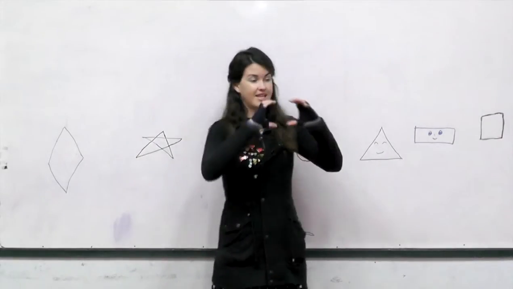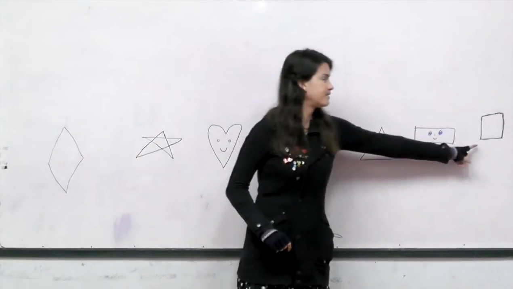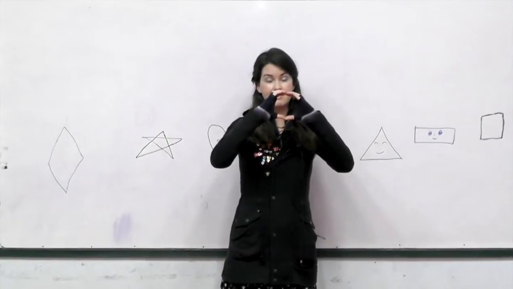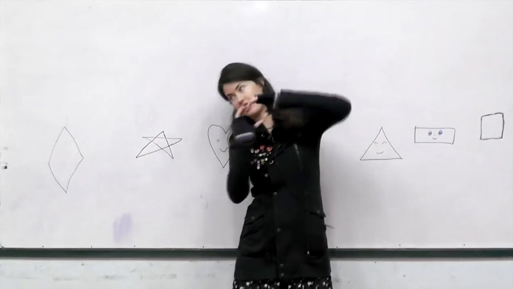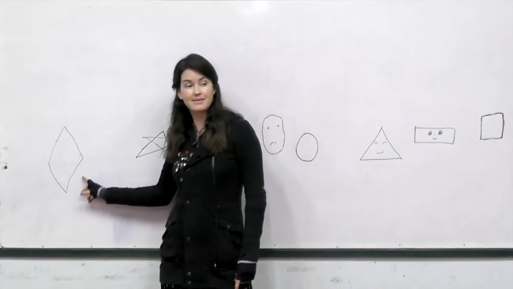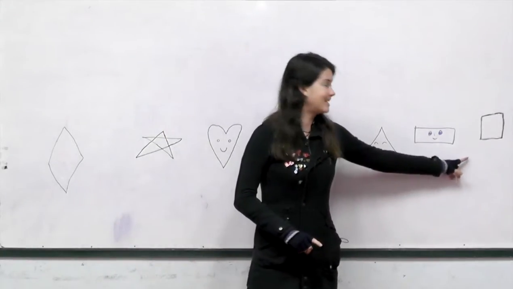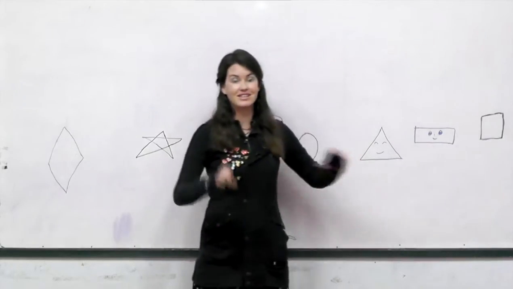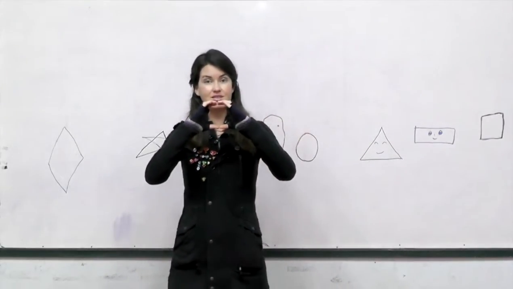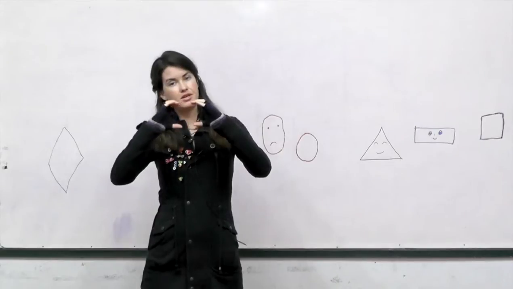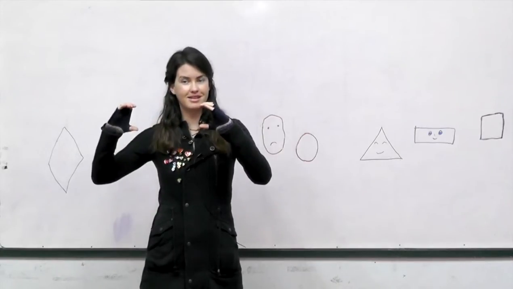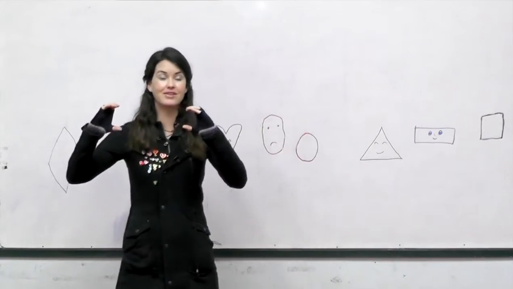Yeah, that square kind of looks like a diamond, like somebody turned that square on its side, like this diamond. Or this square kind of looks like this rectangle, like someone had a square and then pulled one side to be longer to make it a rectangle.